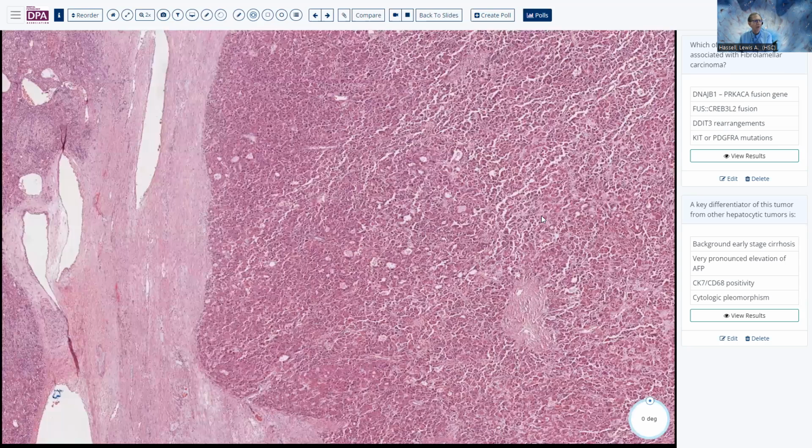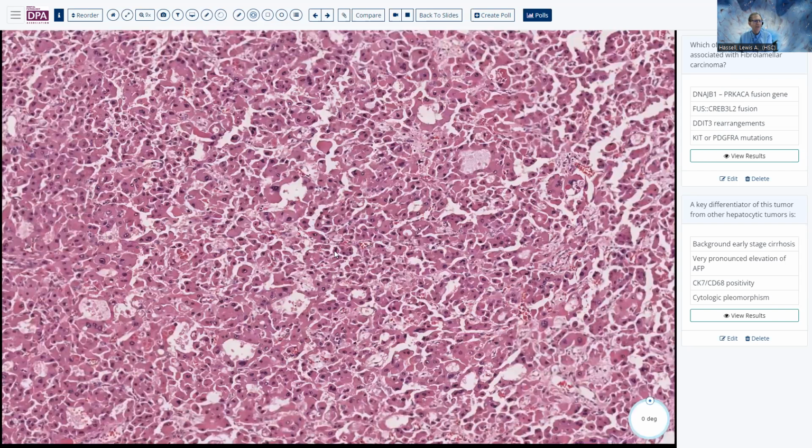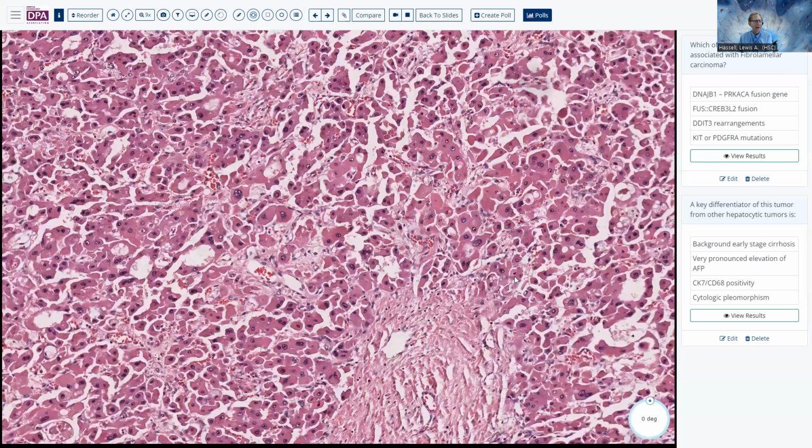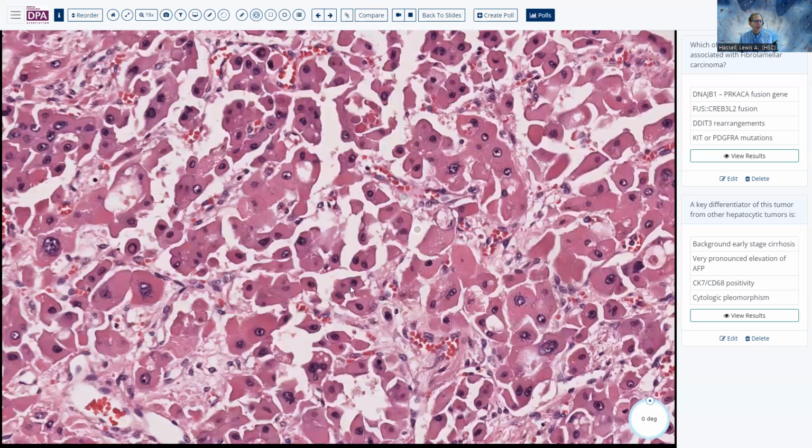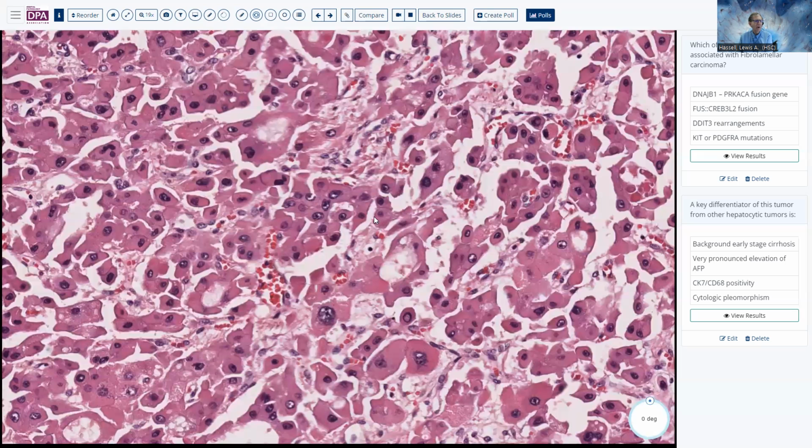category of fibrolamellar carcinoma. However, looking at this tumor, it's really quite cellular, and we don't see necessarily broad bands of fibrous tissue. We do see some intervening fibrous tissue between the hepatocytes in areas here, but it's not very pronounced.